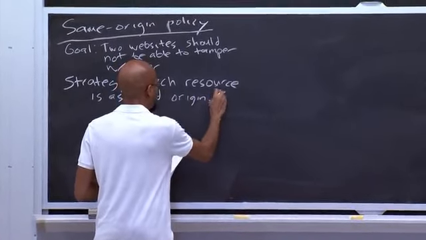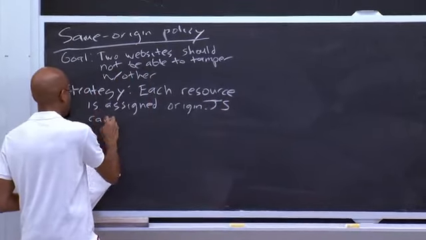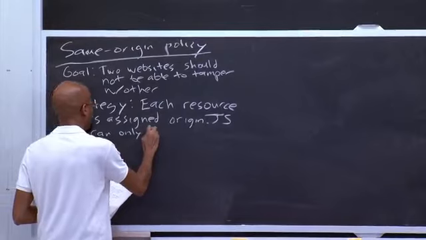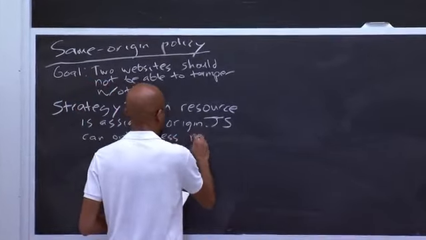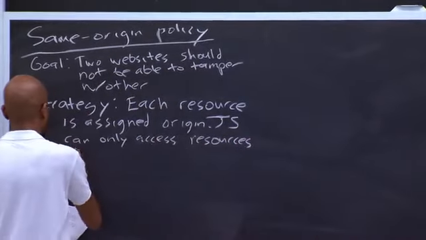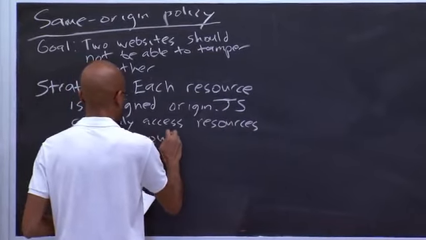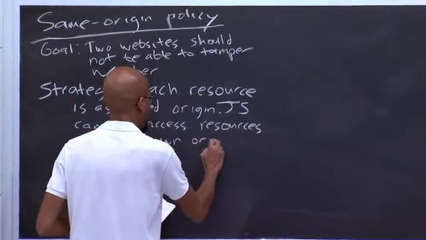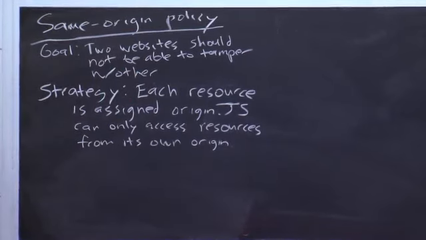And essentially, JavaScript code can only access resources from its own origin. And so this is the high-level strategy the same origin policy uses, but the devil's in the details.